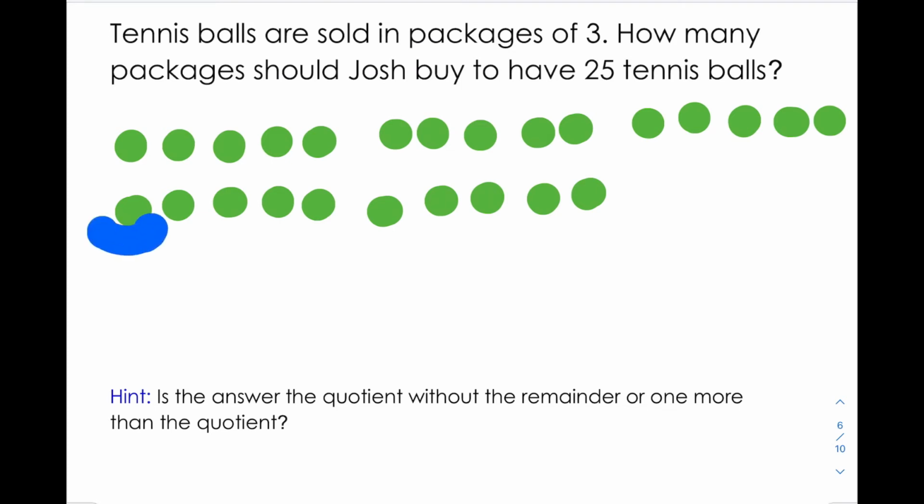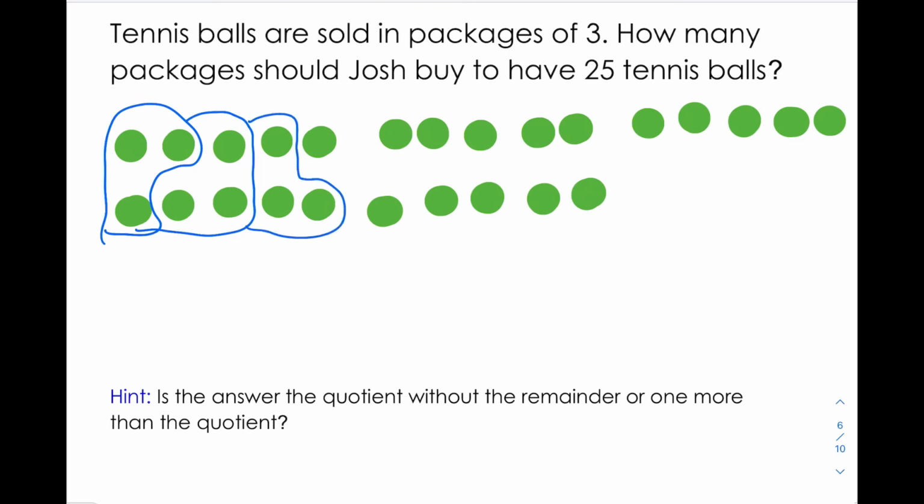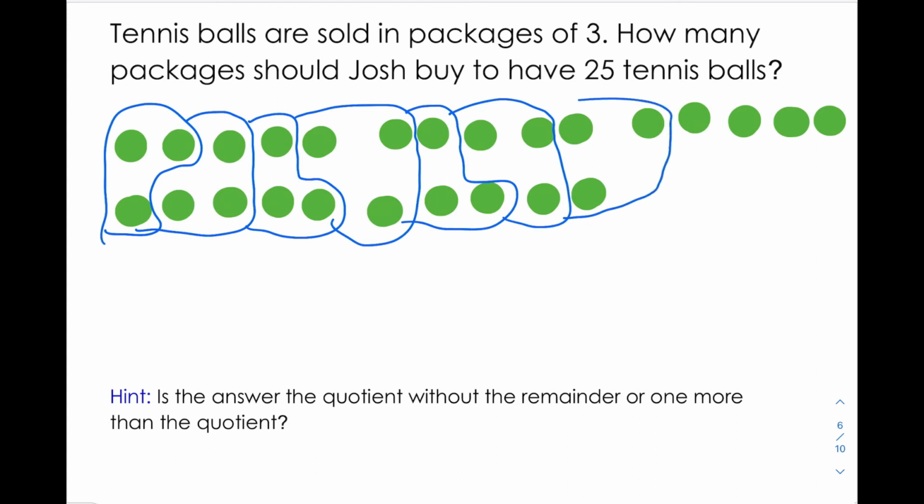So there is, ooh, that's too thick. Let's try that again. There is one package. There is another package. There's a third package. There's another one. So we just draw packages of 3. So if we count, there's 1, 2, 3, 4, 5, 6, 7, 8.